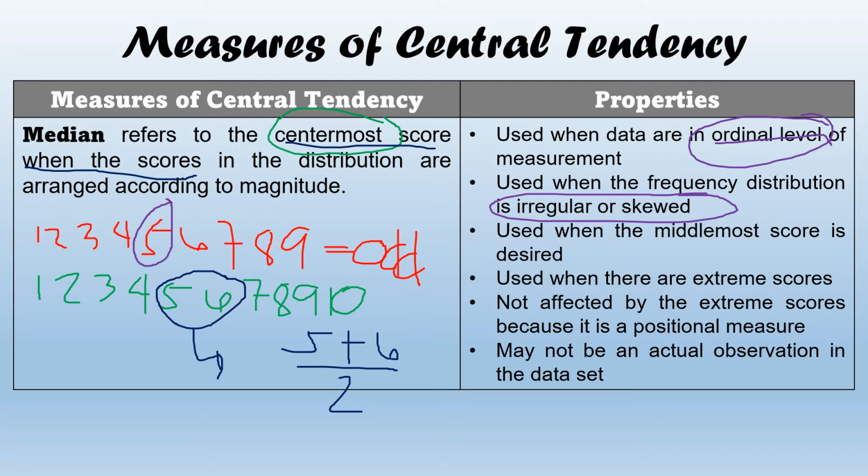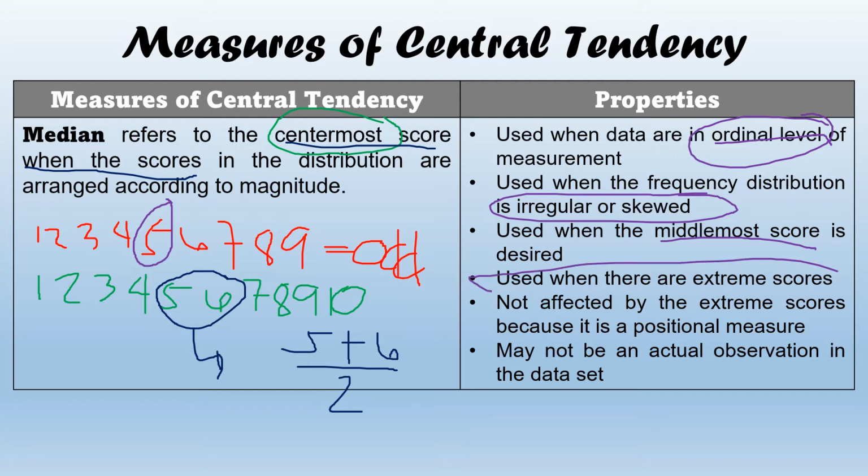But then again, if during your CPE 105, kung nakapag-discuss man kayo ng frequency distribution, or what I mean is that the normal distribution or your skewness, baka ma-appreciate niyo ito. And the next, used when the middlemost score is desired. Kung gusto talaga nating malaman kung ano yung middlemost score. Okay? And then used when there are extreme scores.